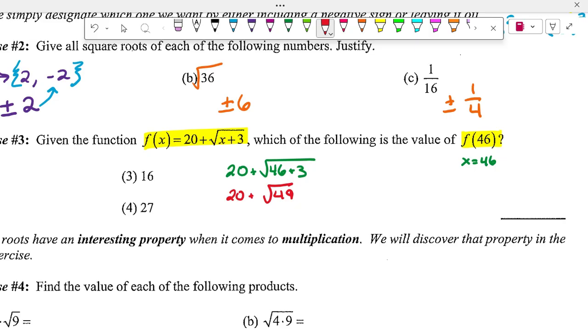It's technically a singular number inside parentheses. Exponents, yes. We're not there yet, but at some point you will learn to rewrite radicals as exponents. Radicals are considered exponents. So that's why by PEMDAS we do that first. So 20 plus 7 is 27.